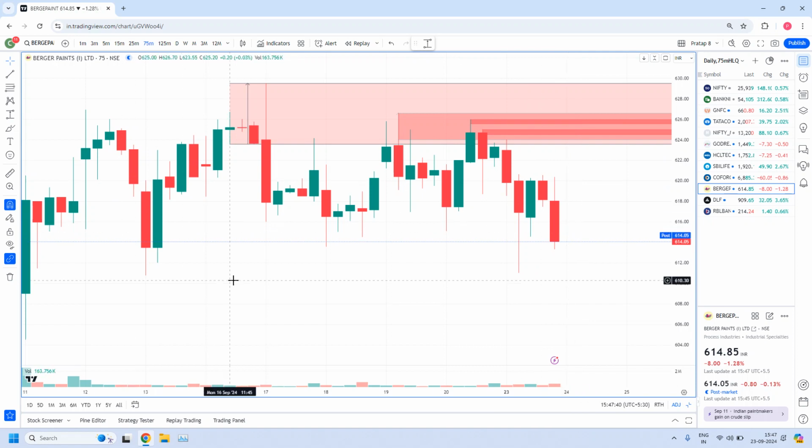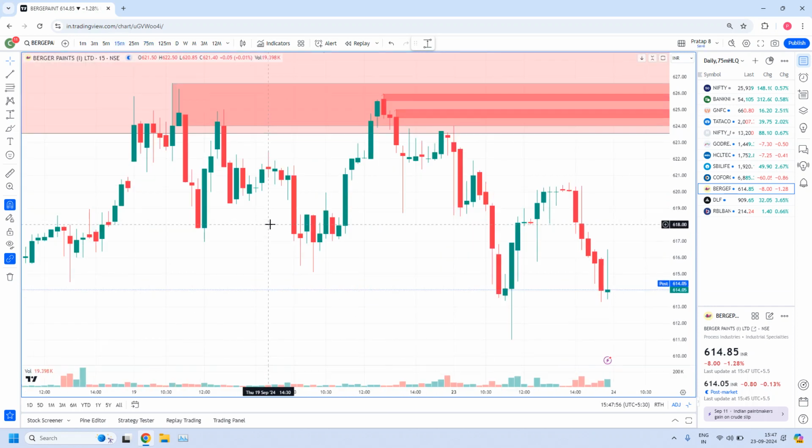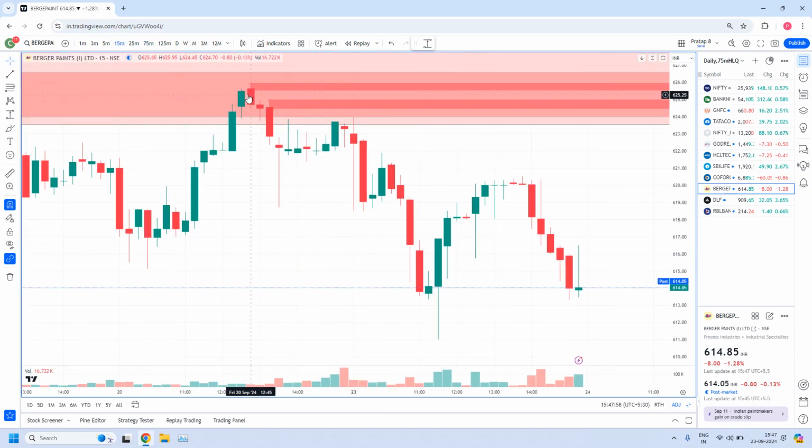First, let me explain how we fine-tuned, and how narrowly we missed the trade. This is a 75 minute high liquidity supply zone. We have a rally, 3 base candles, and a drop candle. This 75 minute zone is fine-tuned with the 15 minute time frame.